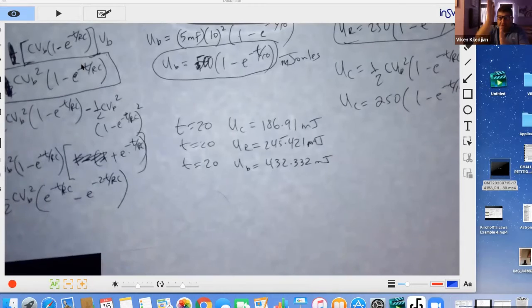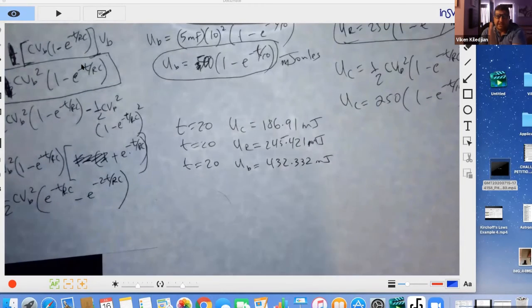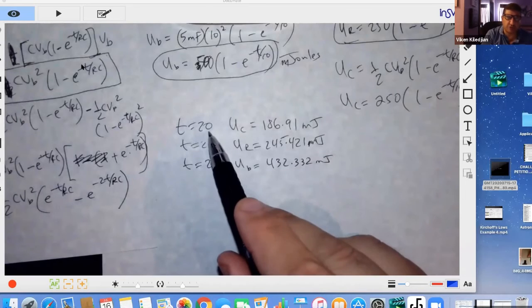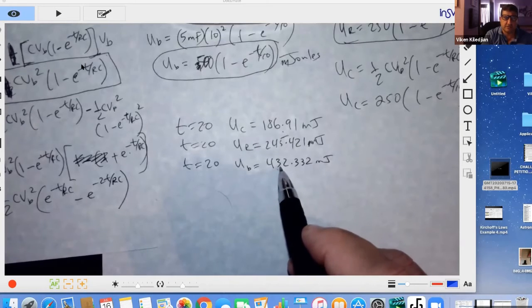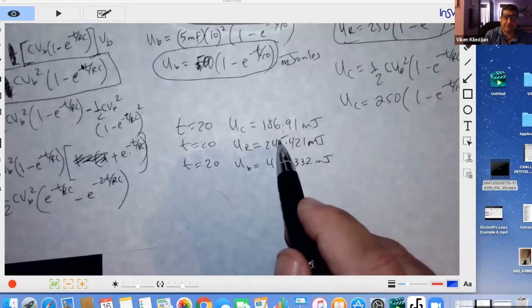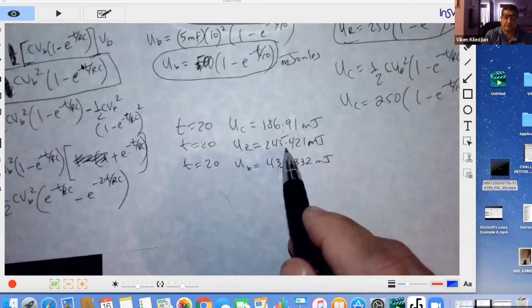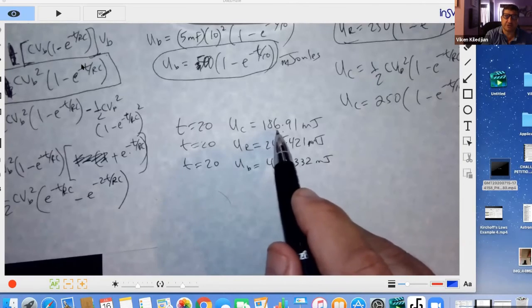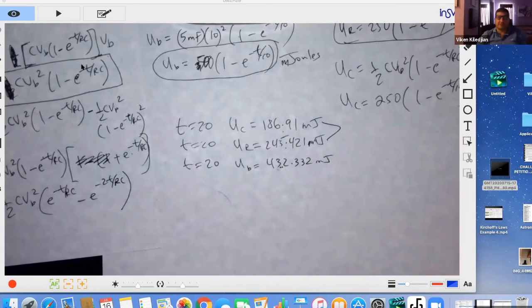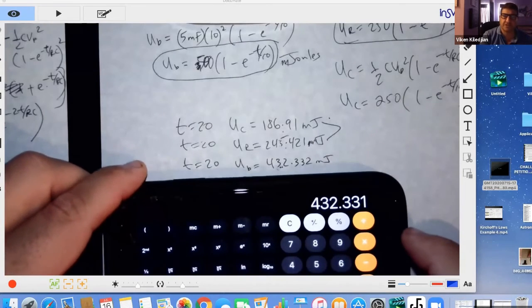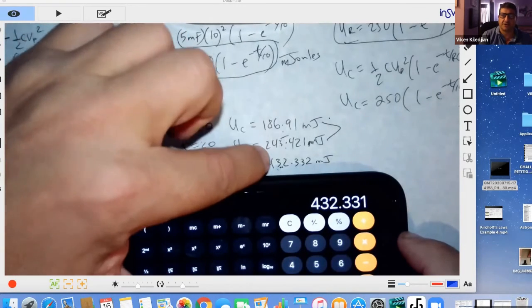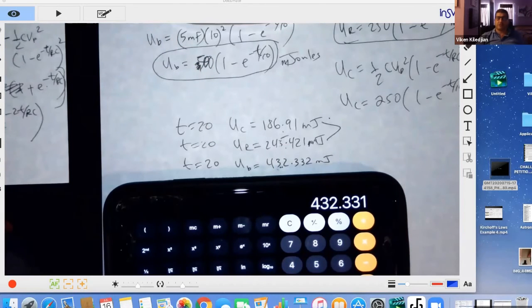At any time interval, if you take any x value, say at 20 seconds, how much energy has been produced in the battery? 432. How much of that has been lost to the resistor? 245. And how much of it has gone into the capacitor? 186. If you add these two, what should you get? Yeah, you see. These two added always give you how much energy the battery produced.